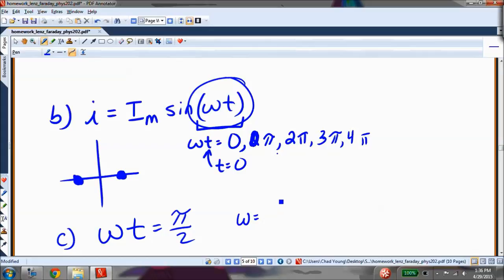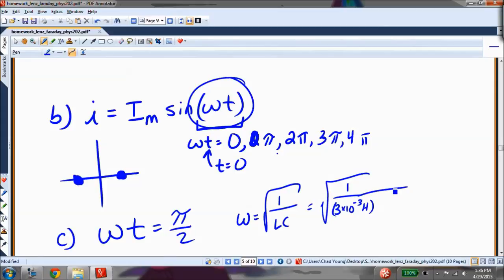Omega, for an LC circuit, is equal to the square root of 1 over LC. And so this is going to be the square root of 1 over L, which is 3 millihenries, 3 times 10 to the minus 3, times C, which is 1 microfarad, that's 1 times 10 to the minus 6.